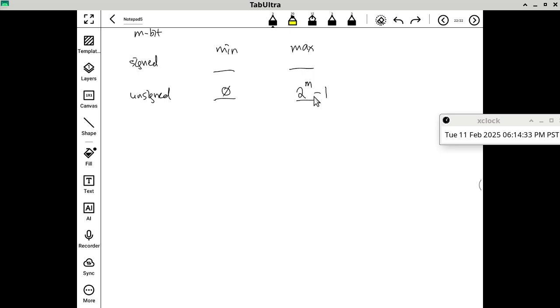So later on in this class, I will introduce a header file called stdint.h, standard integer.h, where you can use specific type names. So even on an Arduino, you can say, I want to use a uint64_t, which means I want a 64-bit unsigned integer.